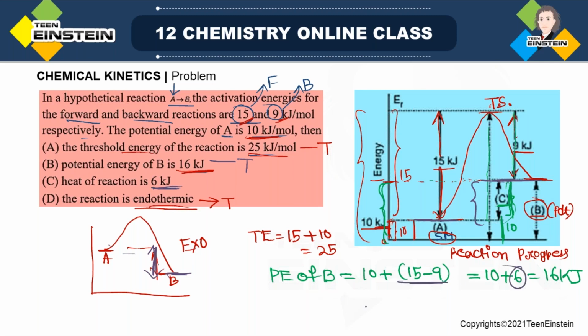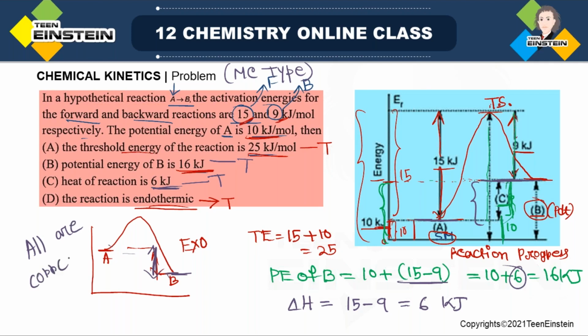This is nothing but 15 minus 9. So heat of reaction, which is represented by delta H, will be equal to 15 minus 9, that is 6 kilojoule. So the third statement is also correct. This is actually a multiple correct type, so all are correct. Is it clear? Should I repeat?